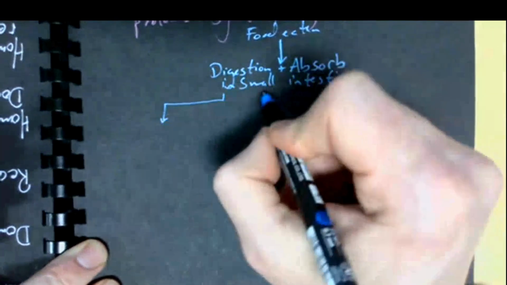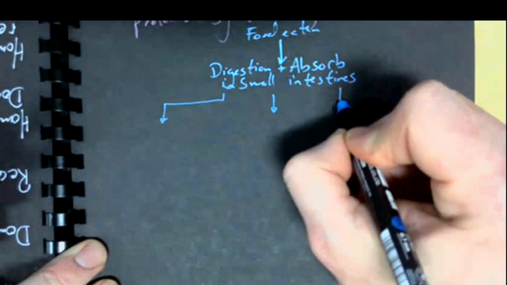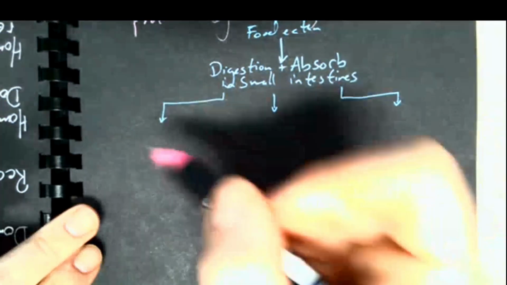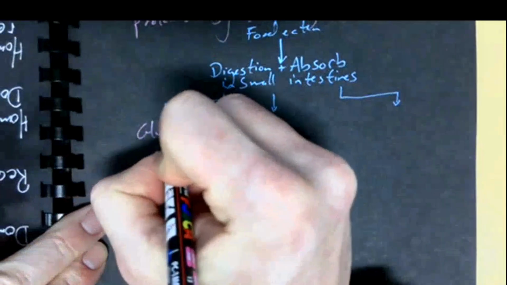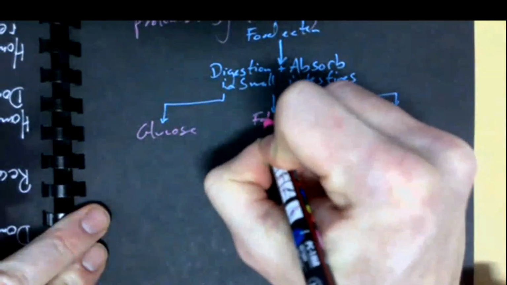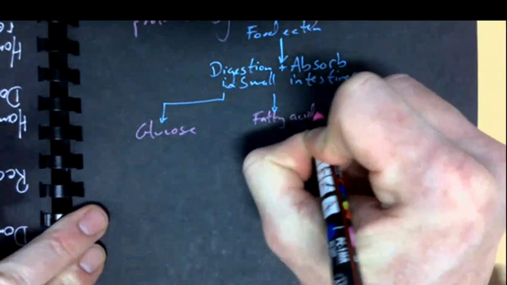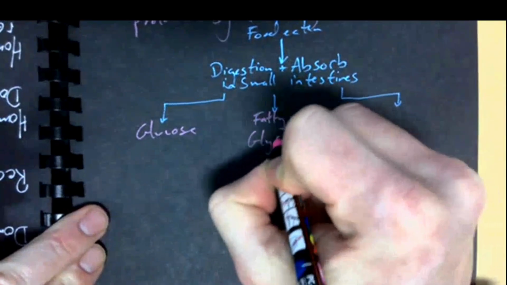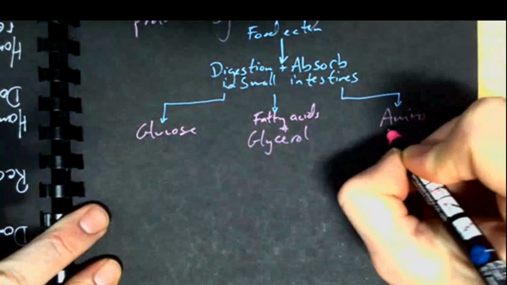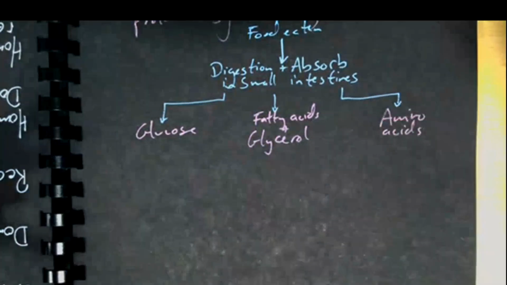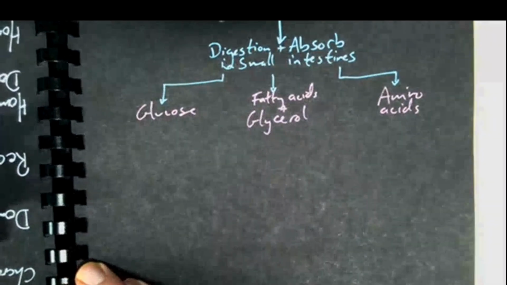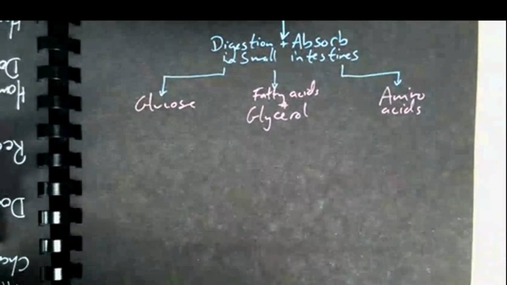Firstly, we've got glucose, and we've absorbed some fatty acids and glycerol, and we've absorbed some amino acids. And then the following is going to happen.